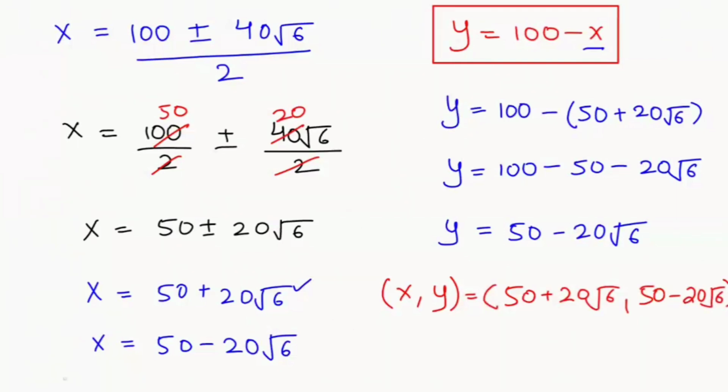Now I will plug this negative value of x into the same equation. y equals 100 minus x. Now I am going to plug in the negative value of x, that is 50 minus 20 root of 6.